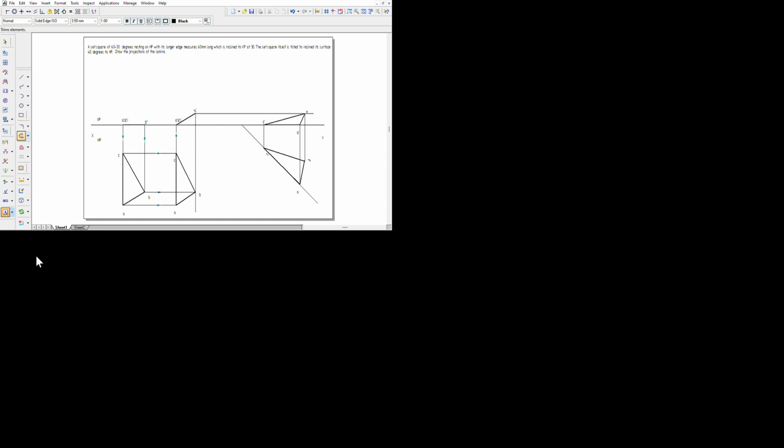Let's take the trim option and trim the unwanted edges. Let's take the arrowhead option.